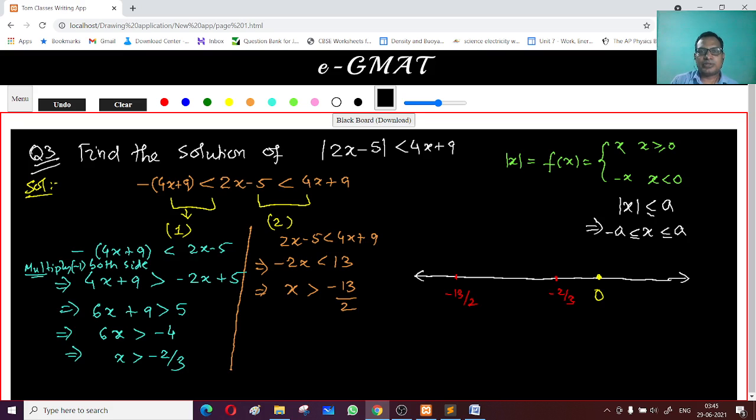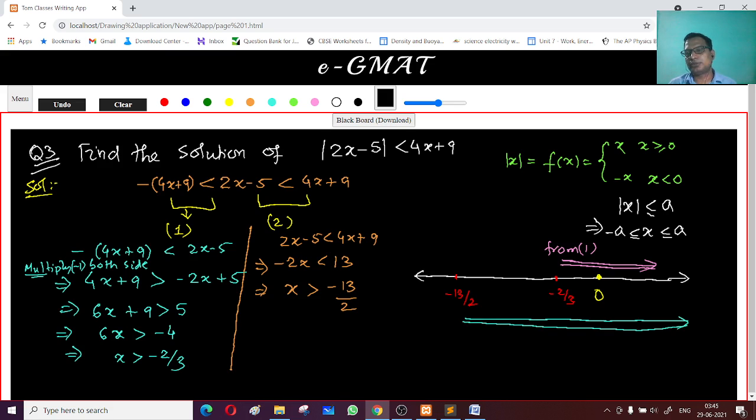From the first set of equations, what is it giving me? From 1, what I am getting is this, and from 2 I am getting this, all the solutions which are over here. This is from 2.